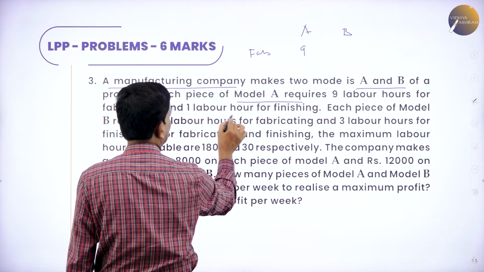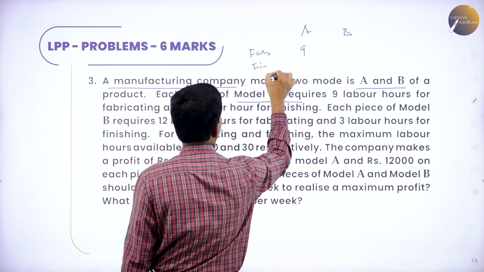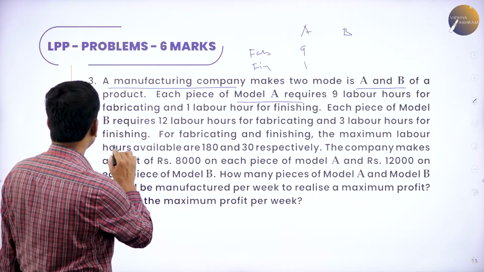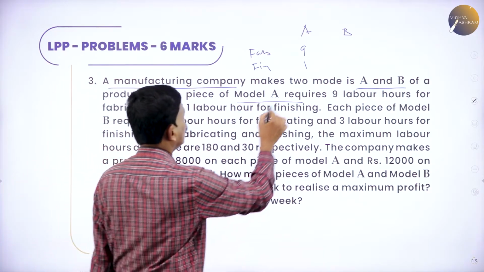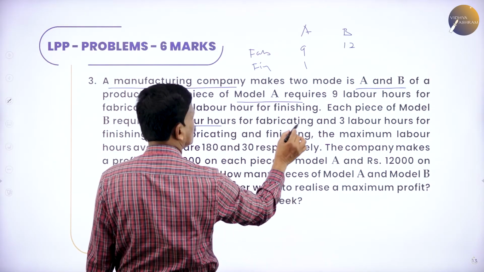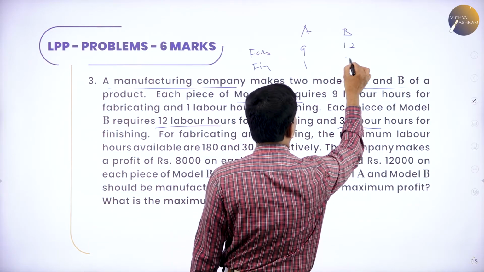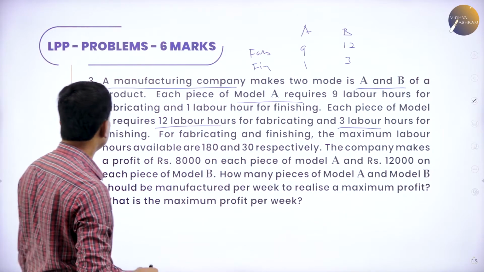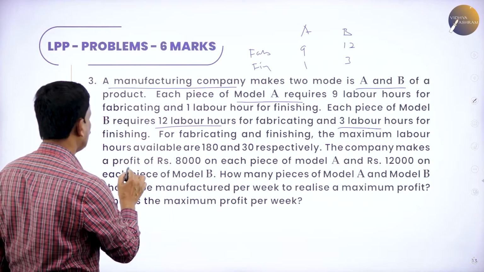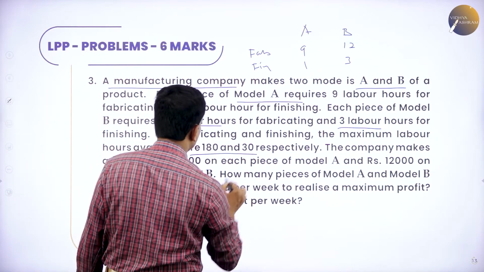Each piece of model B requires 12 labor hours for fabrication and 3 hours for finishing.